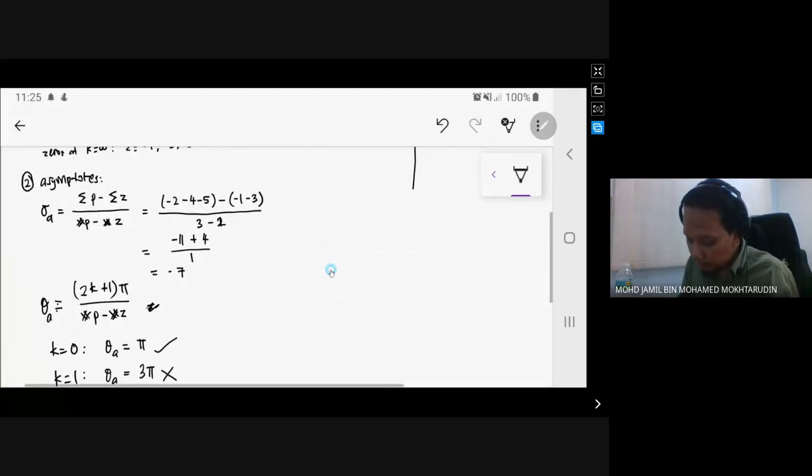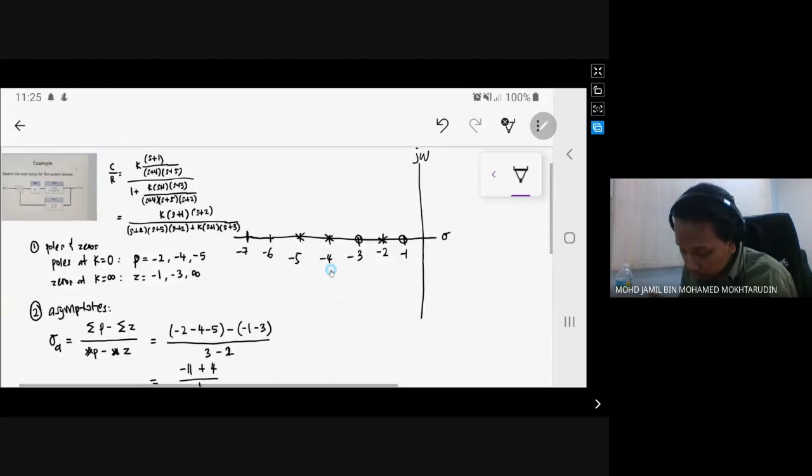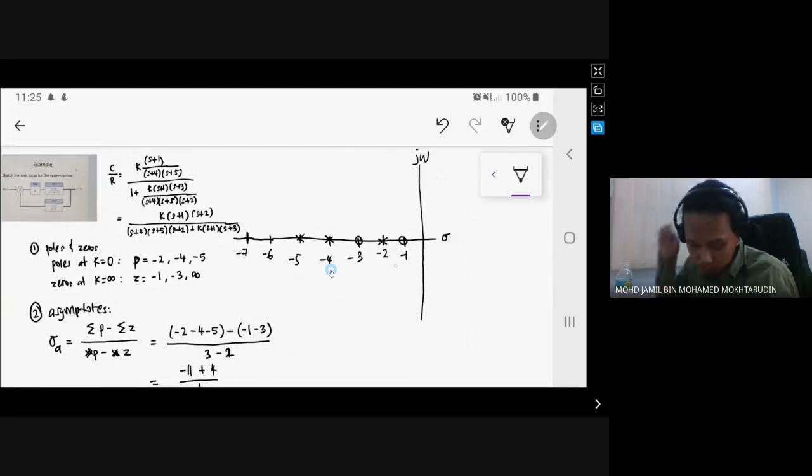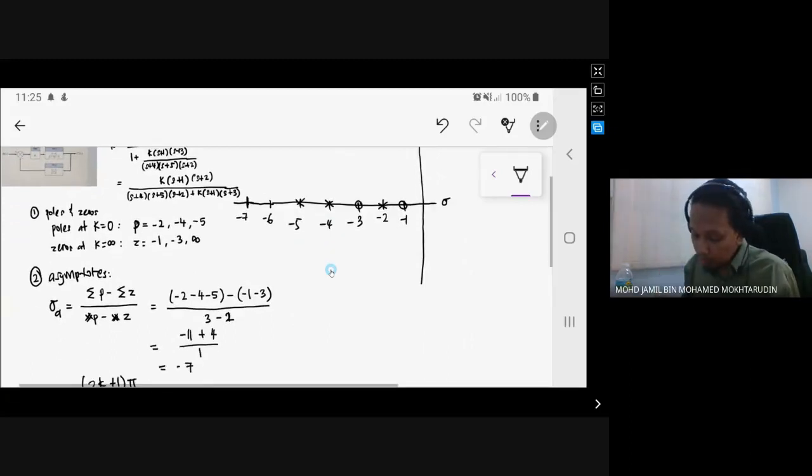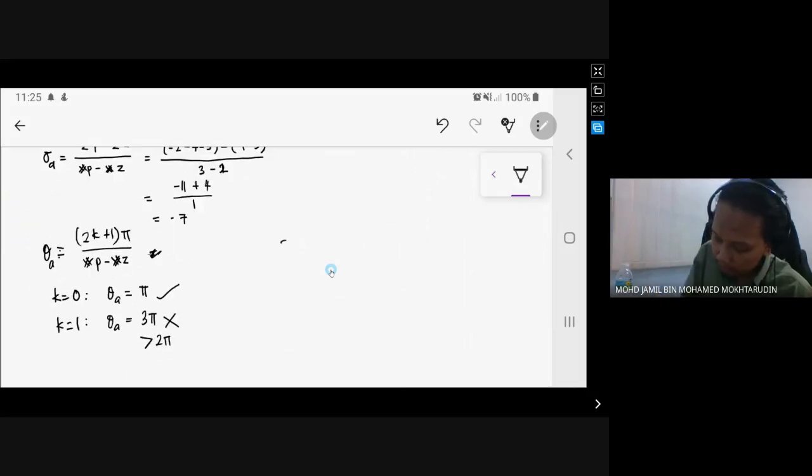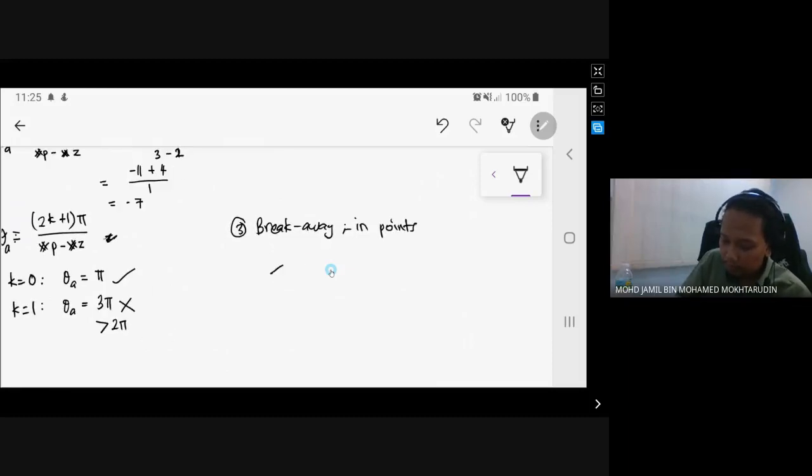Okay, and then the next step is to find the breakaway and breaking points, okay. So breakaway, breaking points, the formula is summation of 1 over sigma minus 0 equals summation of 1 over sigma minus poles.